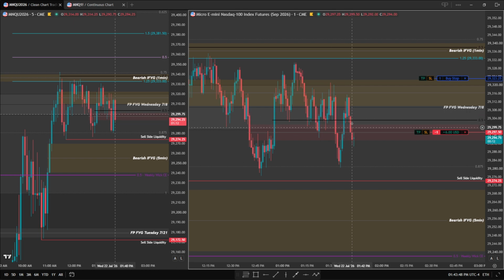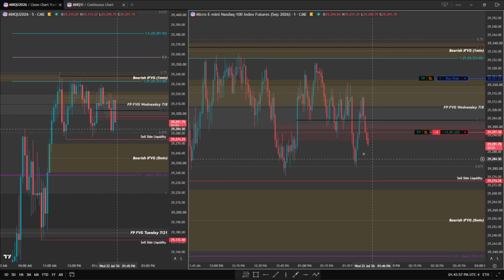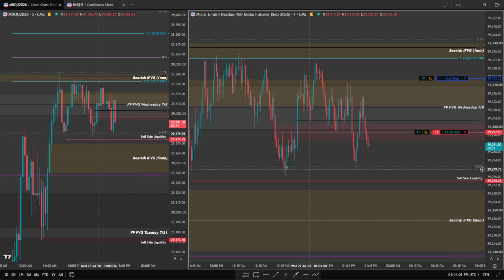Again, I need to see a bearish inefficiency stay open. I don't want to see this filled in here. Preferably, it just keeps pressing to the sell side.